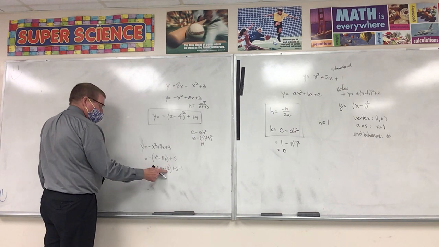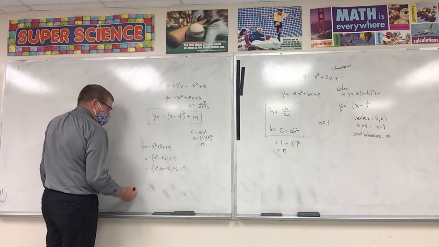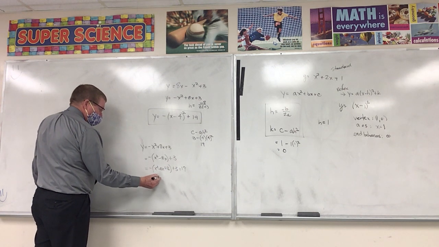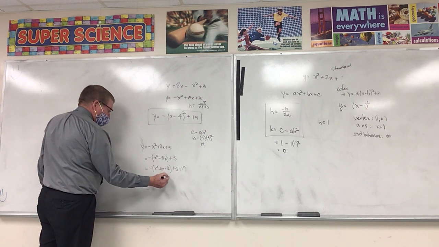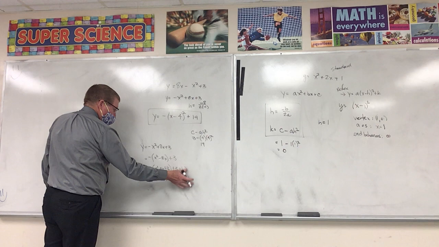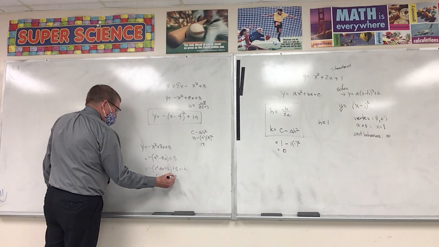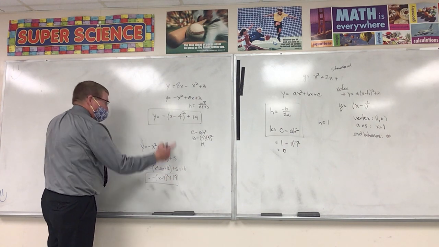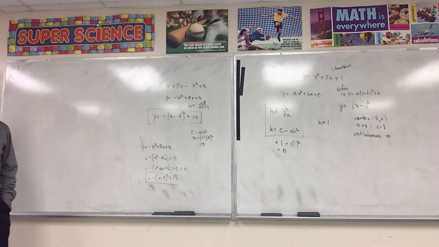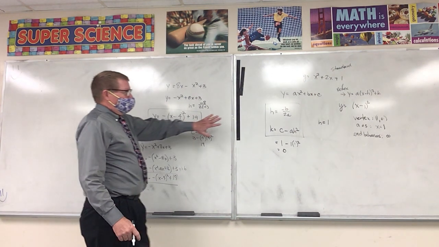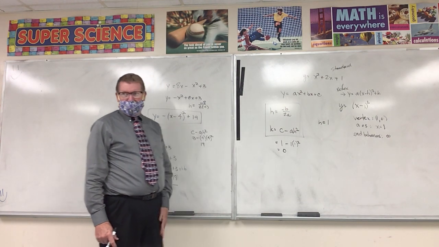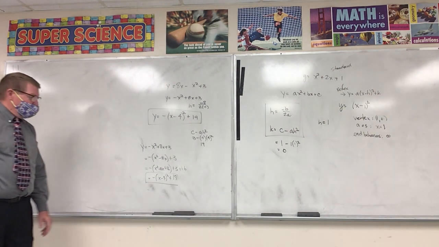I've subtracted 16, so I'm going to end up adding. It's negative x minus 4 squared plus 16. I'm going too fast. So I get the same thing. Completing the square in this method gets you the same result. If you remember these two formulas, this is faster to get it in vertex form.